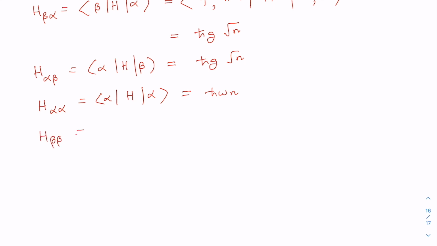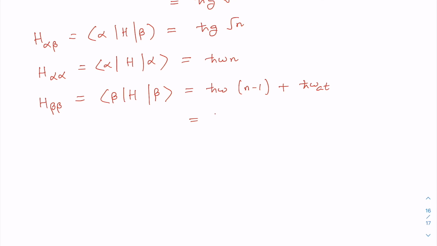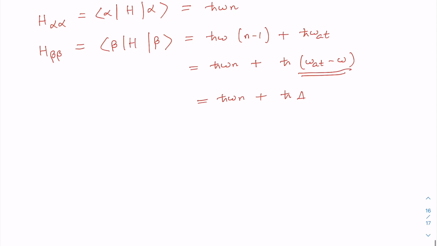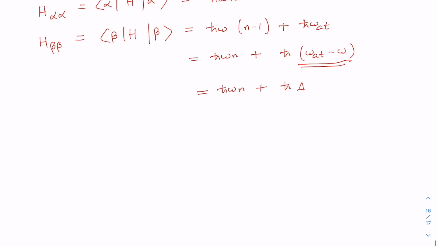And ⟨β|H|β⟩ would be ħω(n−1) plus ħω_atom. This I can write as ħωn plus ħ(ω_atom − ω), and this is the detuning parameter, so I can write it as ħωn plus ħΔ, right? So I have all the elements in the Hamiltonian, so I can write my Jaynes-Cummings Hamiltonian in matrix form now.